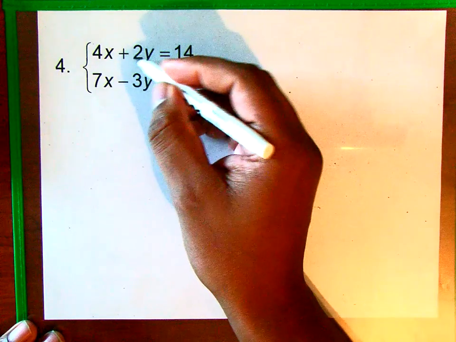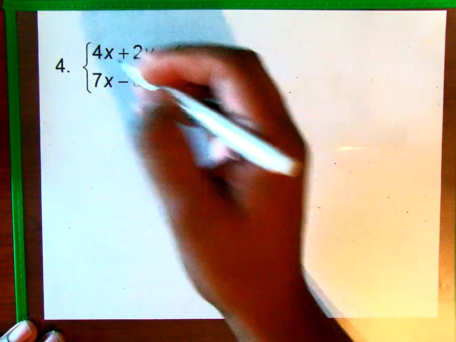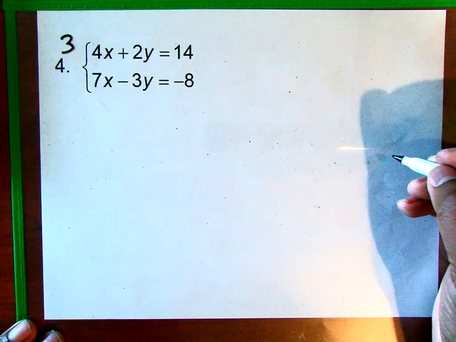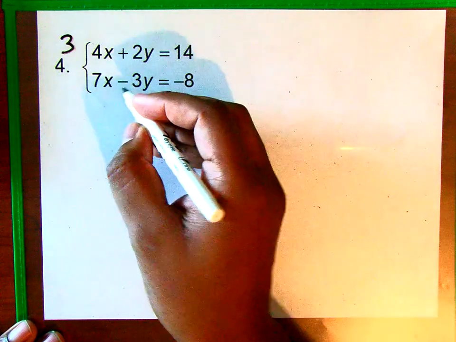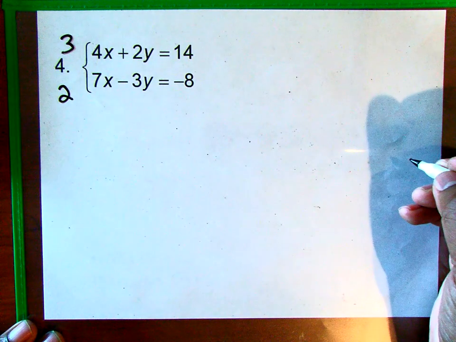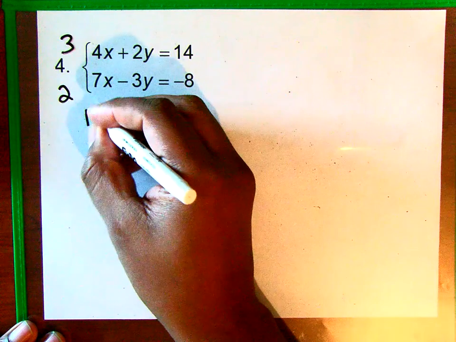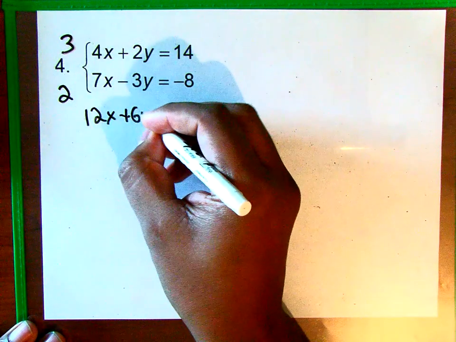So to get this to be a 6y here, since it's positive, I'm going to leave it positive here. To get this to be 6, I have to multiply this whole equation by 3. And to get this to be negative 6y, I have to multiply this whole equation by 2. So once I do that, I have 3 times 4, which would be 12x. 3 times 2 will be that 6y we wanted.